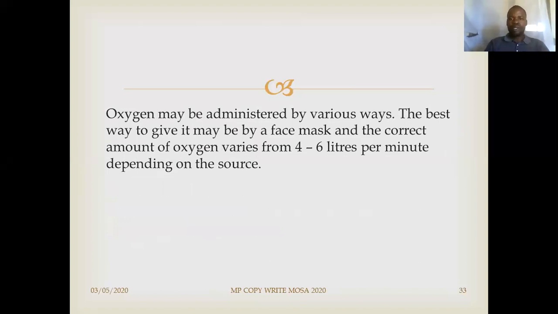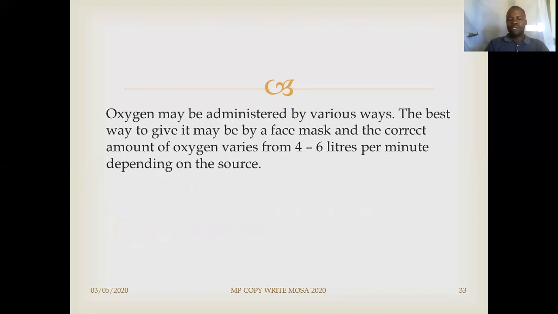Oxygen may be administered in various ways. The best way to give it may be by a face mask, and the correct amount of oxygen varies from 4 to 6 liters per minute depending on the source. You may also have to realize that there are different types of masks.